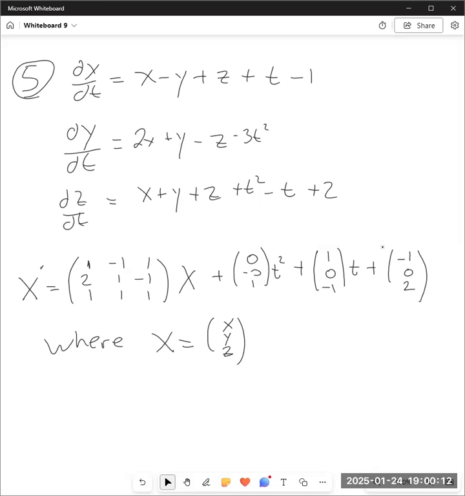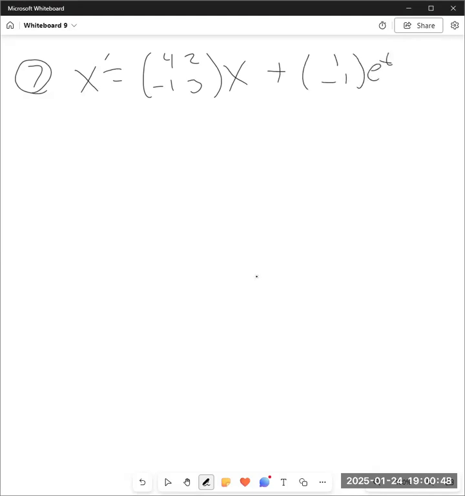And let's look now at number 7. Number 7 asks us to write the given linear system without the use of matrices. So we're going to start off with capital X prime is equal to 4, 2, negative 1, 3, times capital X, plus 1, negative 1, times e to the t.